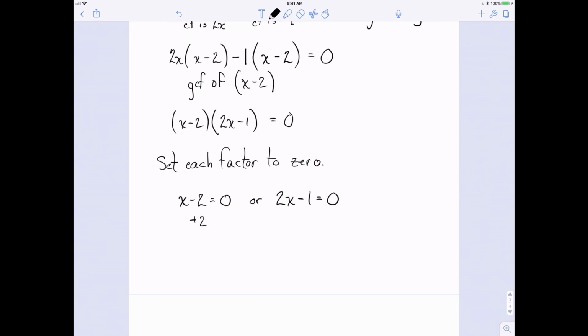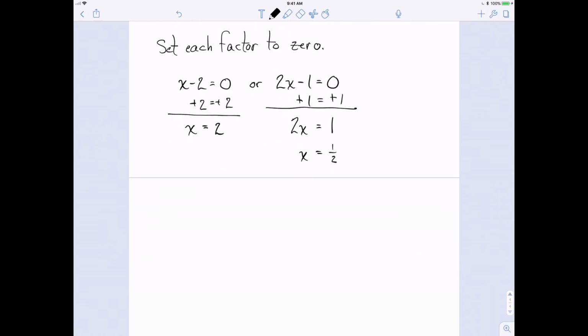Add 2 to both sides for the first one, so this is going to be x equals 2. And here I'm going to add 1, so now I have 2x equals 1. Divide both sides by 2, so I have x equals 1/2.